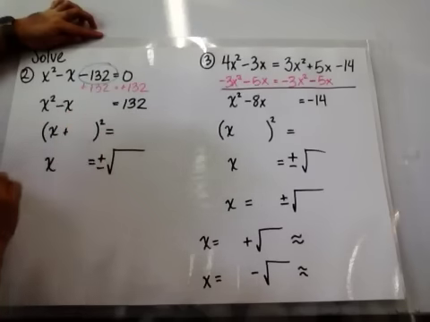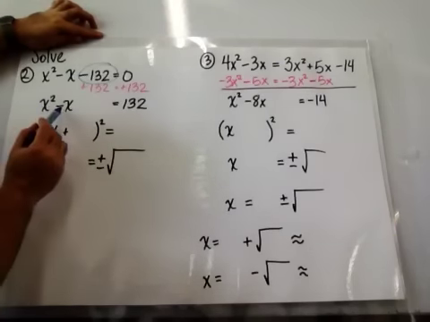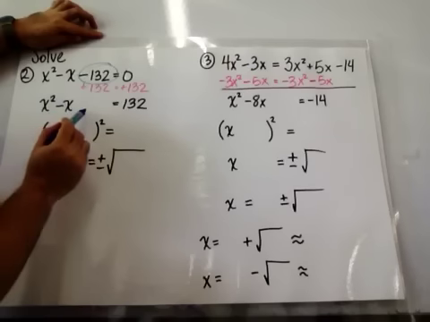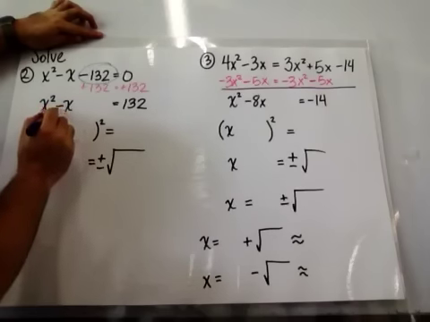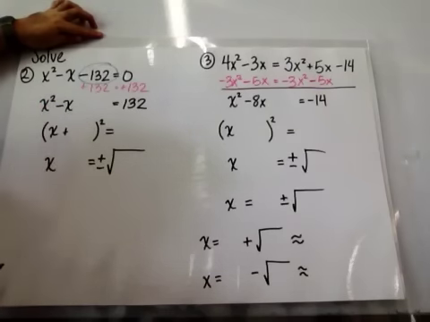Now we complete the square. So what number do we need to add here to complete the square? We take the number that's multiplying the x, in this case negative 1, divided by 2, that's negative 0.5, and we square it.